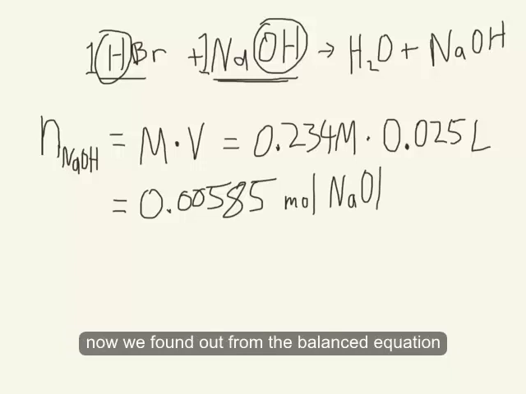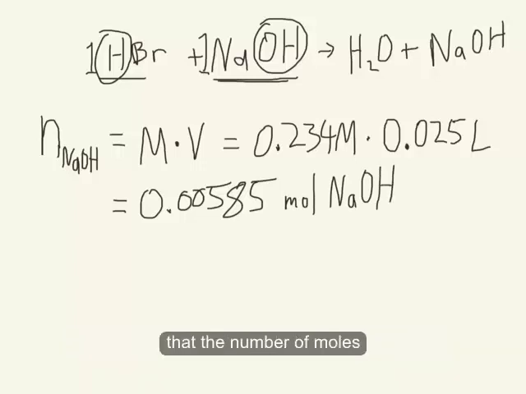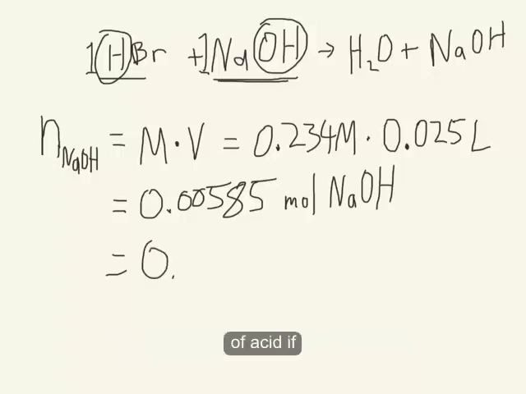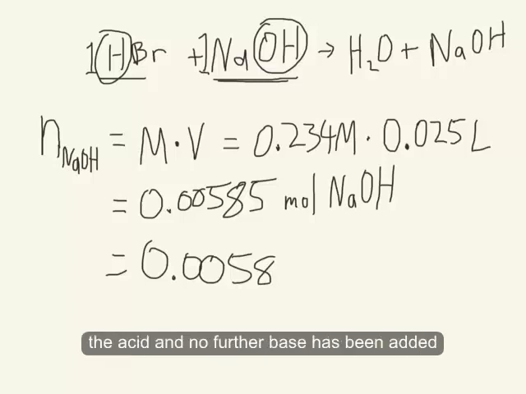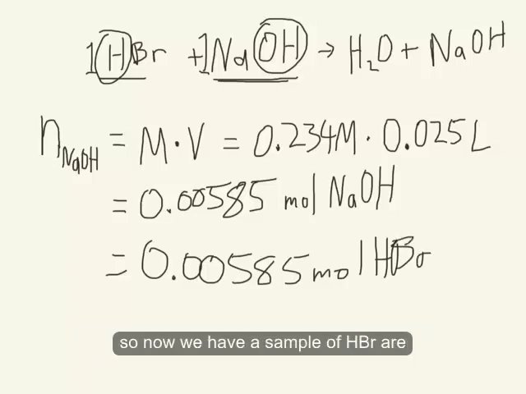Now, we found out from the balanced equation that the number of moles of sodium hydroxide must be equal to the number of moles of acid if the reaction has completely neutralized the acid and no further. So now we have a sample of HBr.